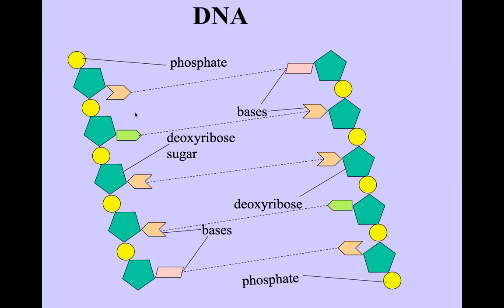The bases stick off the sugar. They're always off the sugar. They stick off, and they're chemically attracted to each other. Their atoms want to join, so they form bonds between them. These dashed lines represent bonds between the bases, and that's what keeps the ladder together. So we've got sugar, phosphate, base joined across to a base, a sugar, and a phosphate.